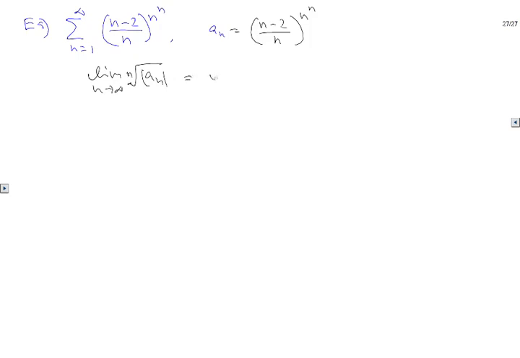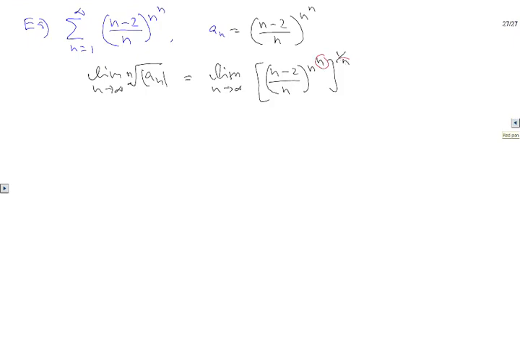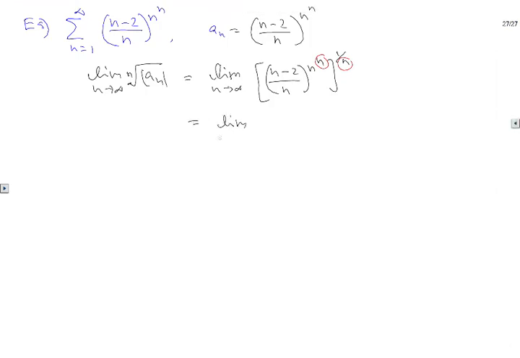So it's the limit as n goes to infinity of n minus 2 over n to the n, to the 1 over n. You can see that it's going to cancel the outer one. That means you're going to get the limit as n goes to infinity of n minus 2 over n to the n. That's what you get.